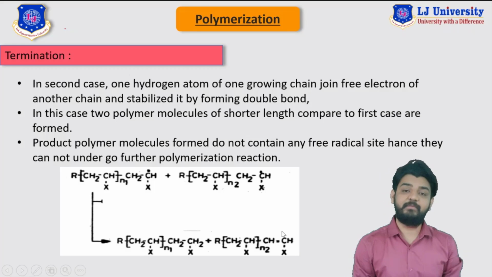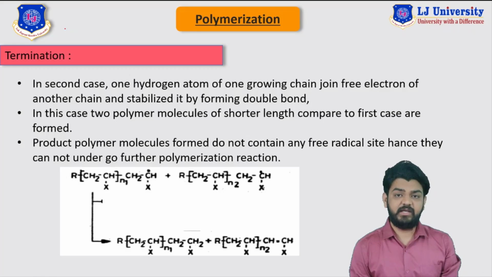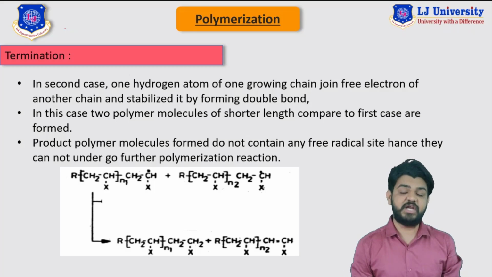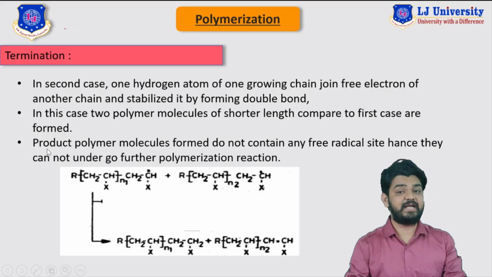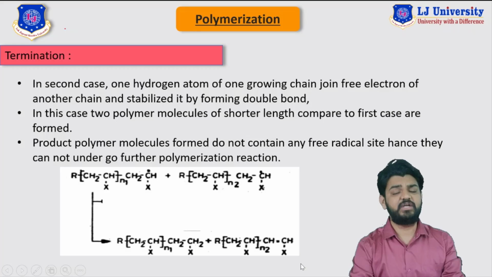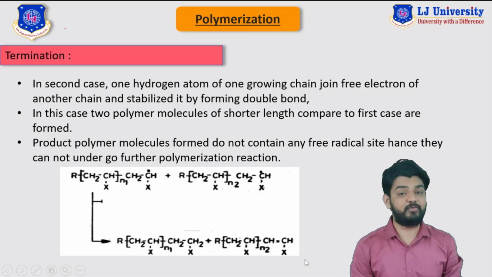So this is what we mean by the termination step. In the termination step, we try to kill the propagation initiated by the monomer by adding some external compound that we call inhibitors, which we'll understand in an upcoming session. So in the termination step, whatever product is forming does not have any free radical, so it cannot undergo any further polymerization process.